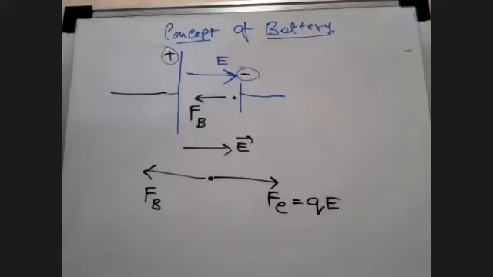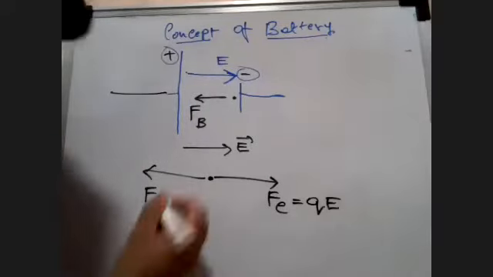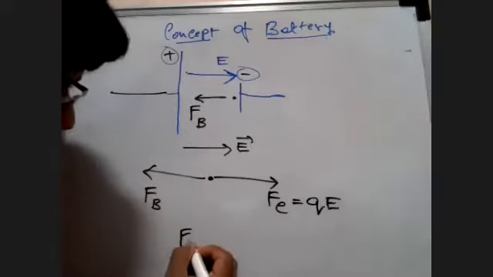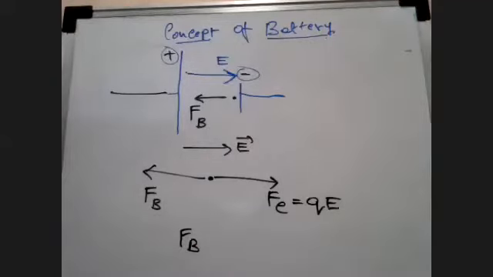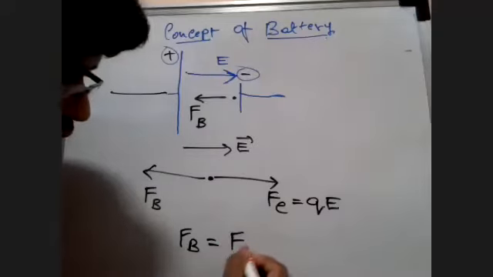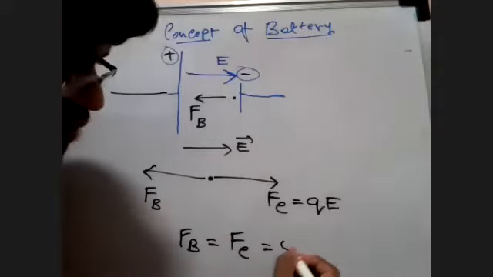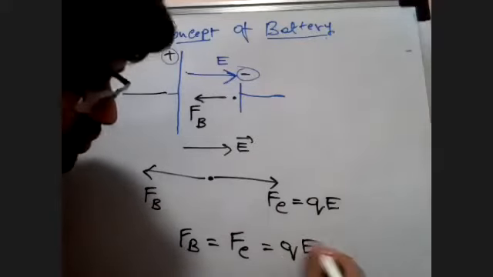When I say steady state, when this battery is not connected to any circuit, can I say that the force of the battery on the charge Q will be equal to the electrostatic force, and that it is equal to Q times E?